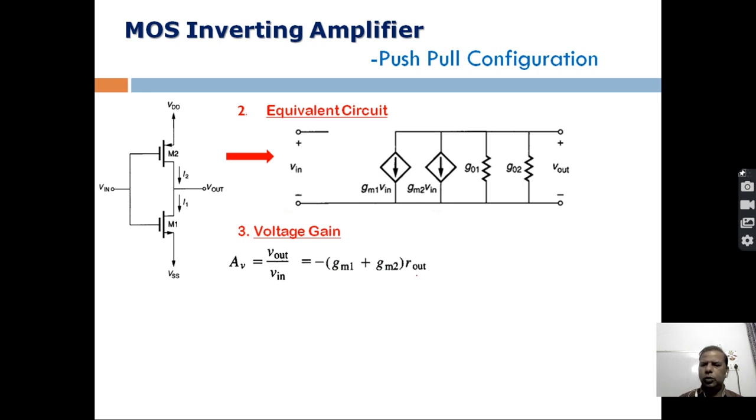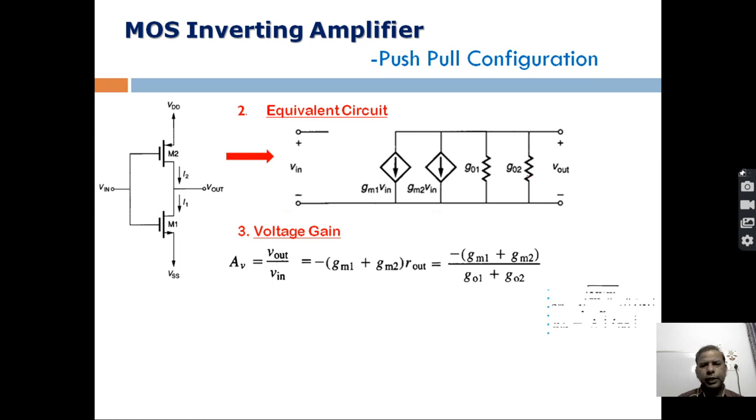R out is the output resistance, and if we write it in terms of conductance, then it is the inverse of the total conductance. Total conductance means this conductance plus this conductance. This is the drain source conductance of the first device M1, and this is the drain source conductance of the second device M2.